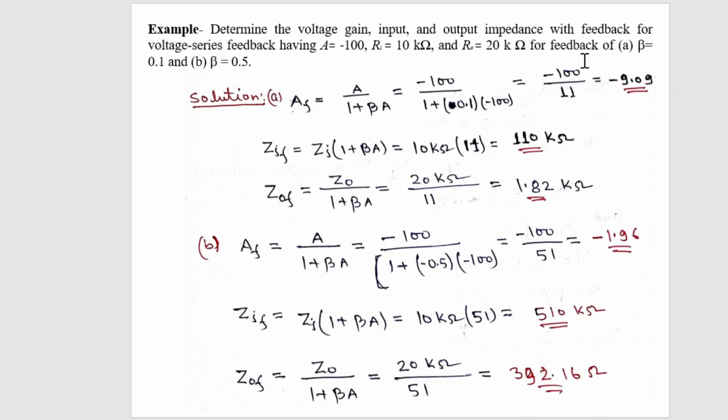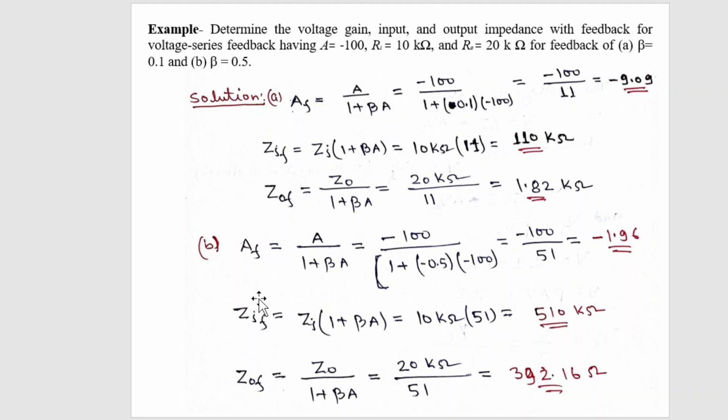Similarly, if you increase beta from 0.1 to 0.5, you can see how the numbers change. Doing the same calculation for beta equal to 0.5, AF is minus 1.96, ZIF is 510 kilo ohm, and ZOF is 392.16 ohm. So this is how the input impedance, output impedance and gain change by changing the value of beta in voltage series combination.